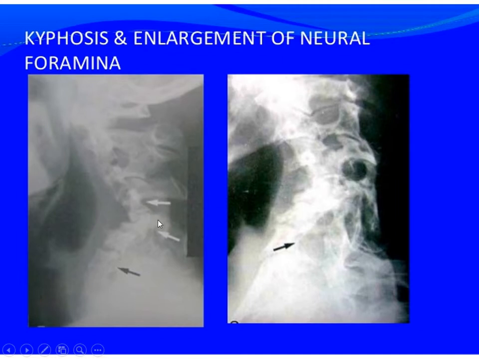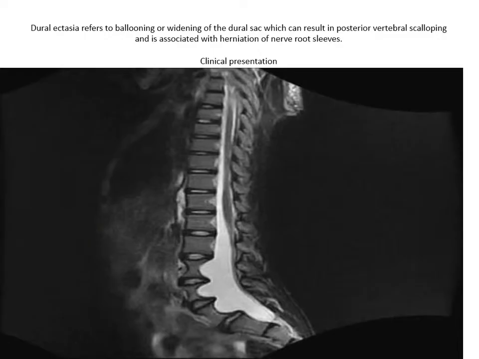This lateral view of the cervical spine shows kyphosis and enlargement of the foramen. Also, dural ectasia refers to ballooning and widening of the dural sac, which can result in posterior vertebral scalloping and is associated with herniation of the nerve root. It is also seen in neurofibromatosis.